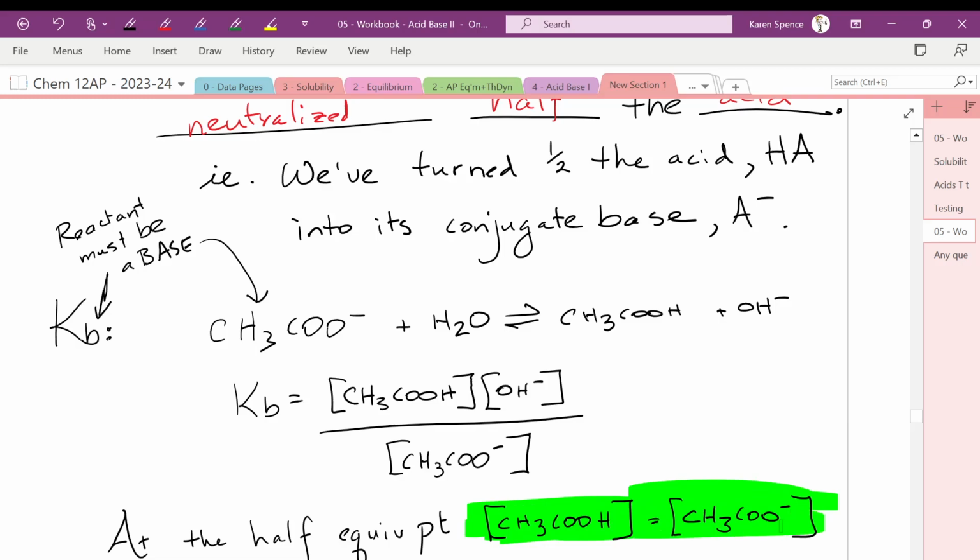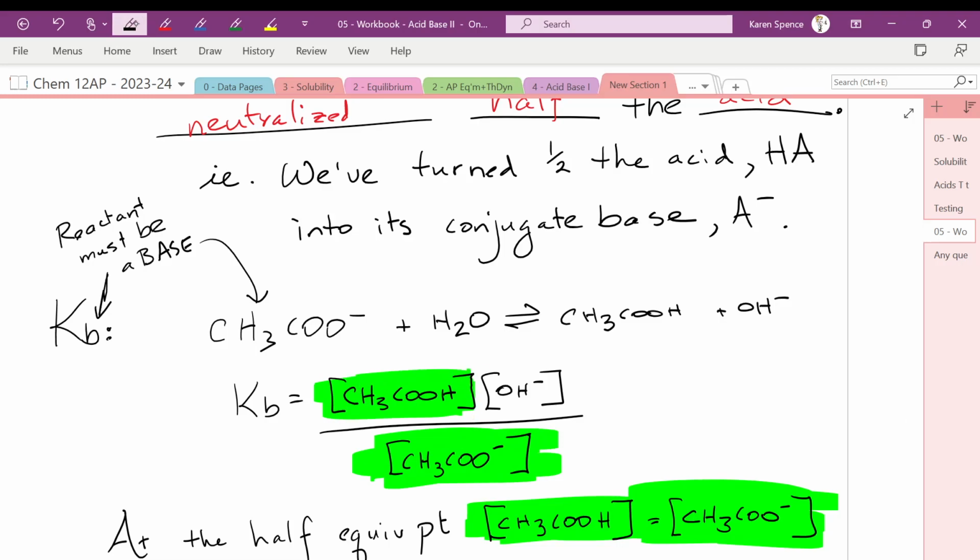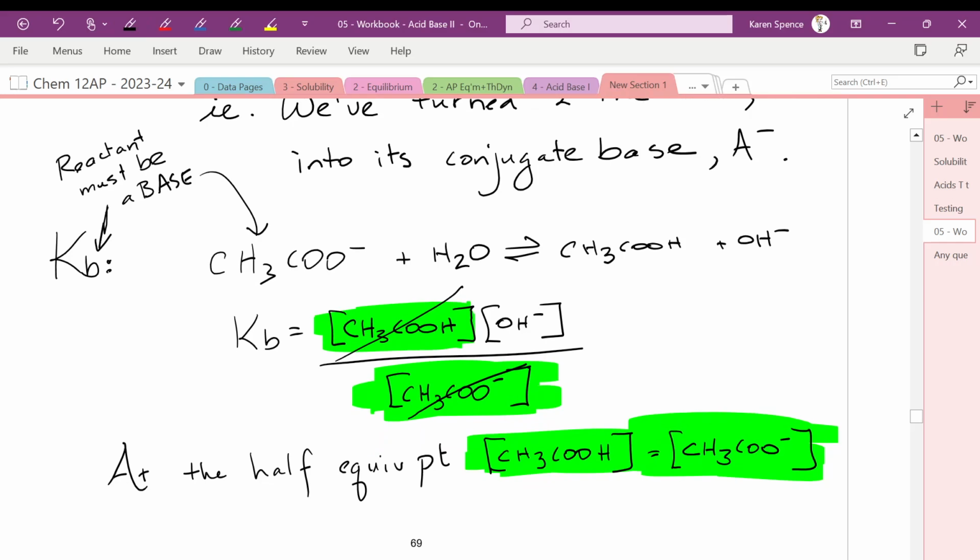These two are equal. So we can say, oh, this is equal to this. And therefore, what can we do with them? We can cancel them because they are equal. So at the half equivalence point, what is KB equal to?